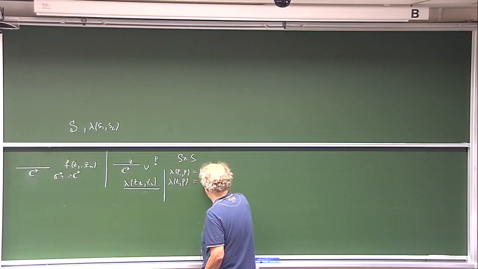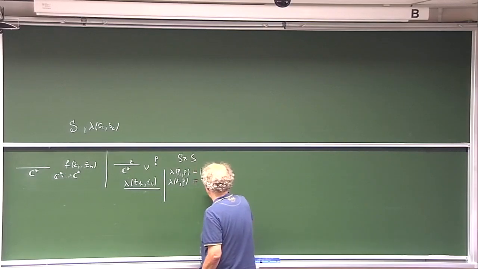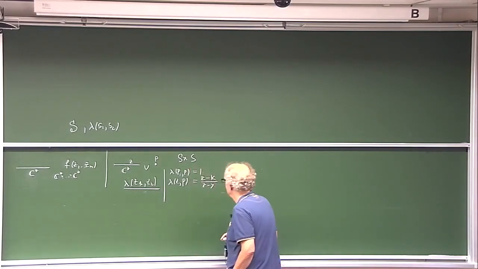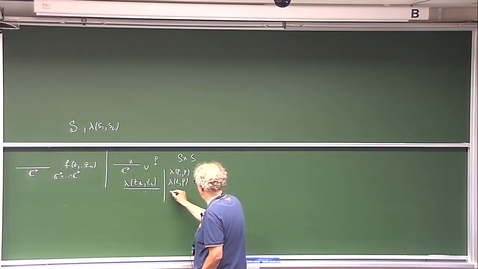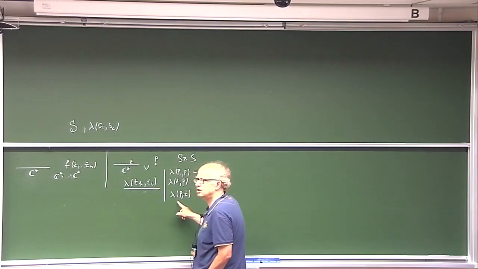Yesterday it was in a similar thing. It was the function e minus k times e minus y. Yes, and yesterday it was function lambda t z. Y is p? Y is p.